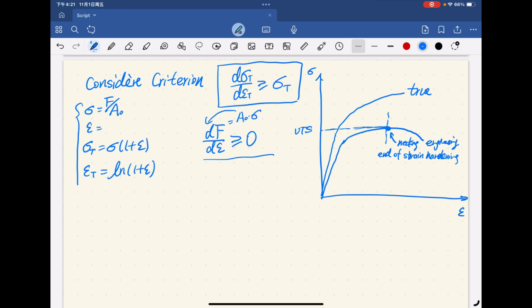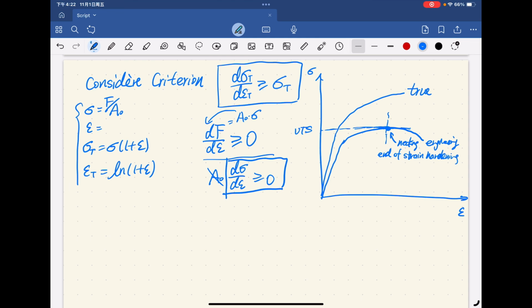We can put this constant out, and it equals A0 d sigma over d epsilon, which is larger than or equal to 0. Because A0 is a positive value, since this is the cross-section area, you cannot get a negative one, so just wipe it out, resulting in this expression, which means the slope of the curve is 0 when the necking happens. So if the slope of the curve is positive, this area is the strain hardening area.